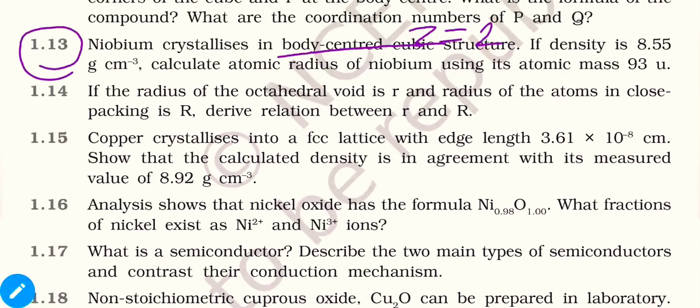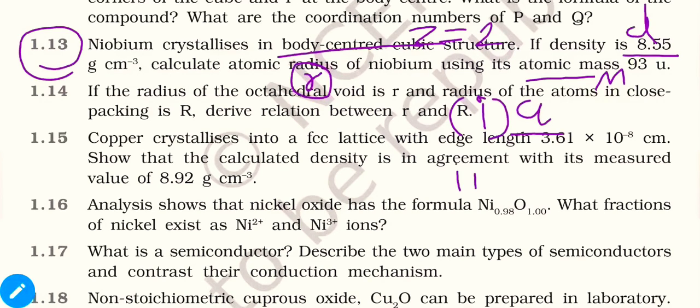So Z is equal to 2, density d is equal to 8.55, atomic radius we have to find, and atomic mass M is mentioned. This numerical requires a 2-step calculation. In the first step we will find edge length a using the density equation. In the second step we will find radius using edge length a.